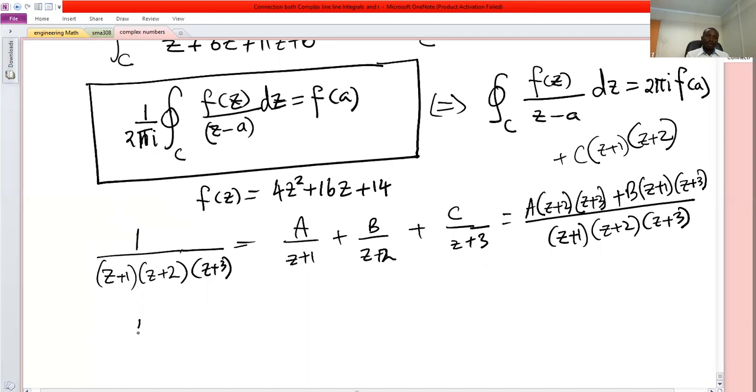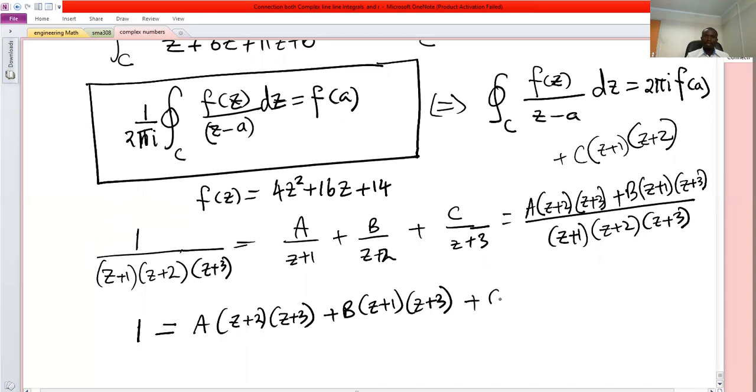So it tells us that the numerator 1 should be the same as a into (z plus 2)(z plus 3) plus b into (z plus 1)(z plus 3) plus c into (z plus 1)(z plus 2).